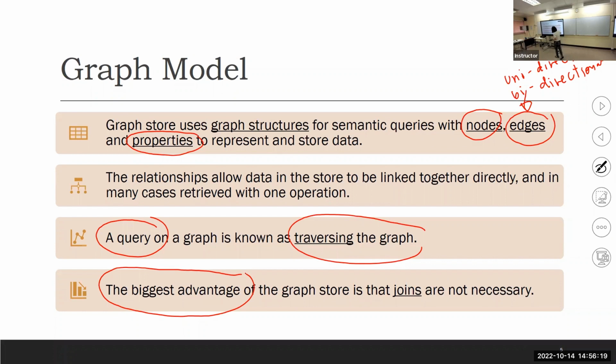And also, in terms of graph operations, it requires no join. You have already been working on and completed the RDB project, and you will soon finish your document project.